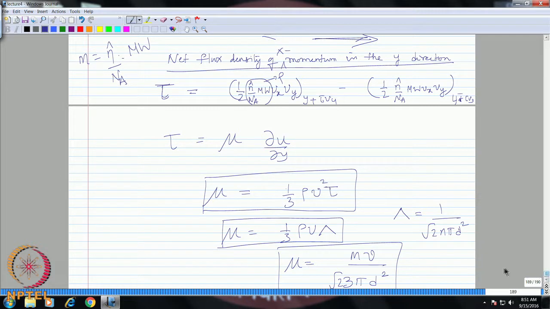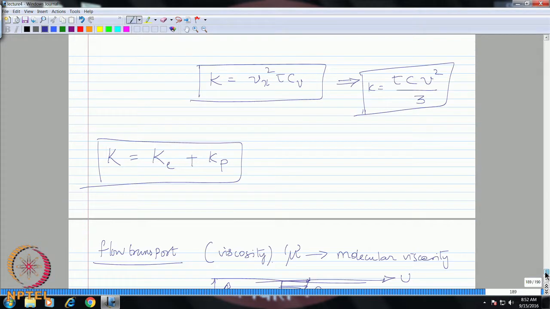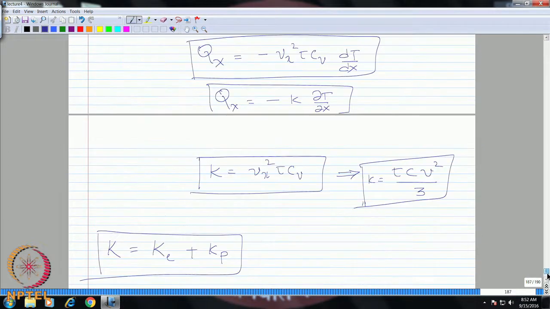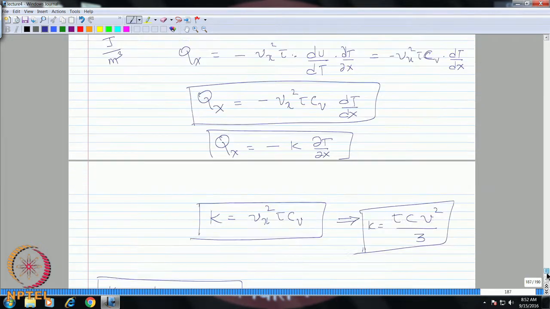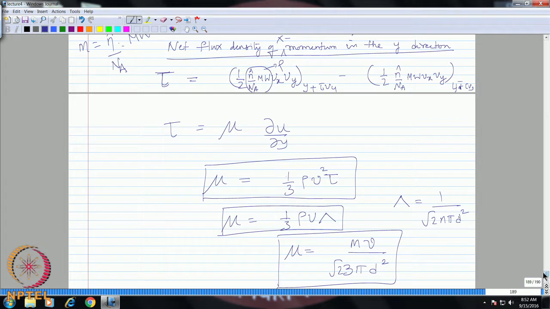Okay. So, therefore, just like we derived the expression for the thermal conductivity as a function of 1 by 3 tau c v square, we have this expression for molecular viscosity which is 1 by 3 rho v square tau. So, both of these, this is a function of, only thing is we are replacing the heat capacity in thermal conductivity with now what?